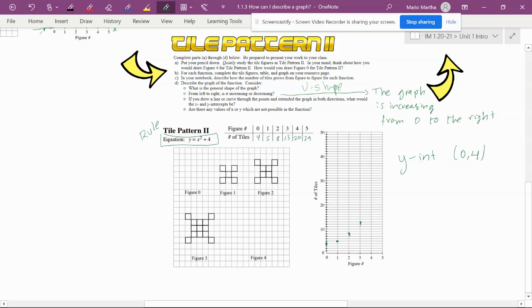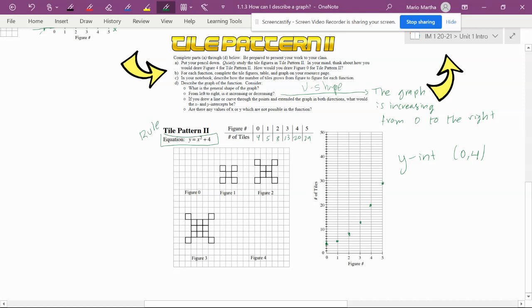And then 4 is 20, not 16. And then 5 would be the last one, which is 29. So it'd be right there.